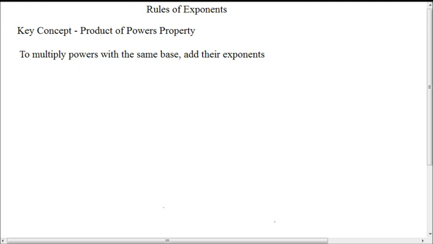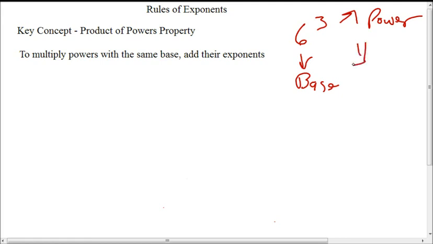Real simple. We know that if we had 6 to the third power, 6 is considered our base, and 3 is considered our power, or exponent. We can also do that if we have a variable by saying y to the second power, where y is our base and 2 is considered our power.